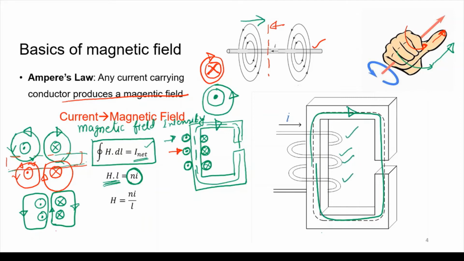So it is 3 times I. So n equal to 3 in this case. But in general, we can say it is n times I. So what is the magnetic field intensity? Magnetic field intensity is number of turns multiplied by current divided by the length of the path.